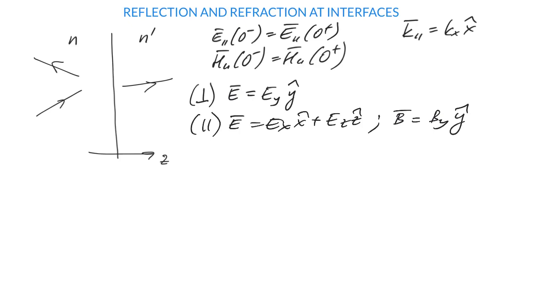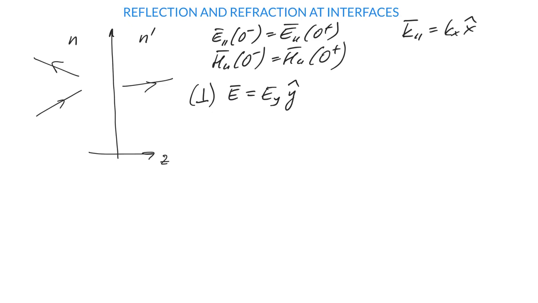Let's pick the perpendicular polarization and work out the matching of the fields on the two sides of the interface for this specific case. So the x-axis goes like this, and then the fields are defined in this way. So there's an electric field perpendicular to the plane of incidence for every beam.